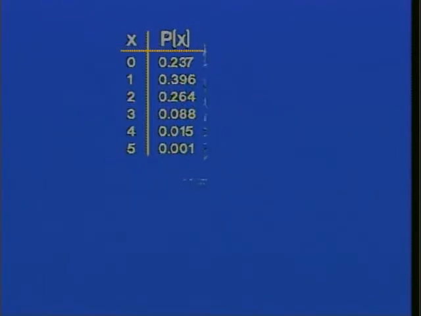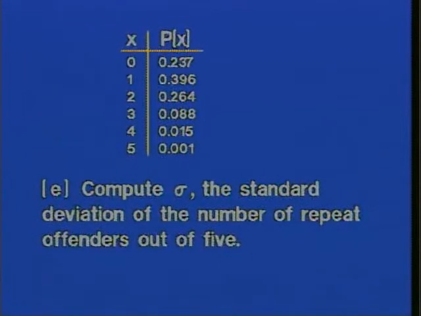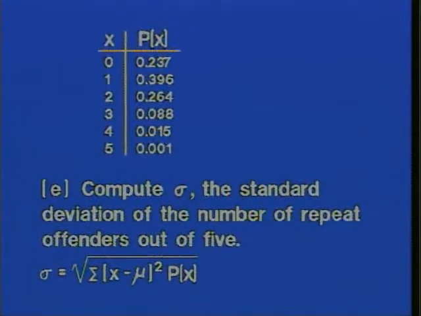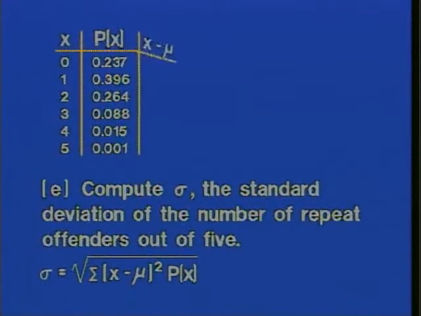Now we want to compute sigma, the standard deviation of the number of repeat offenders out of 5. And remember, the formula for that would involve x minus mu, and then x minus mu squared, and then x minus mu squared times p(x) as columns in our calculation. So we would go through and probably do this. We would create a column for x minus mu, and then write those values.